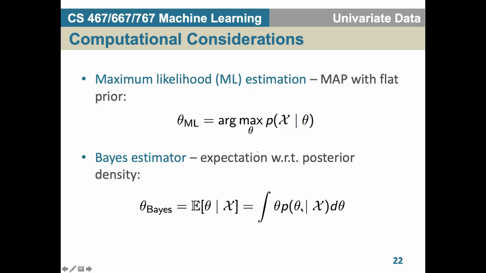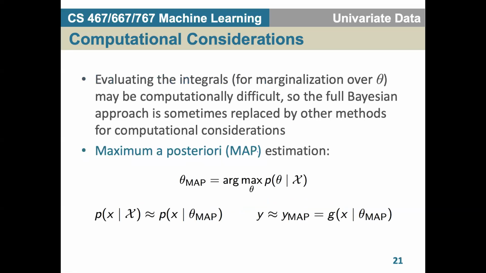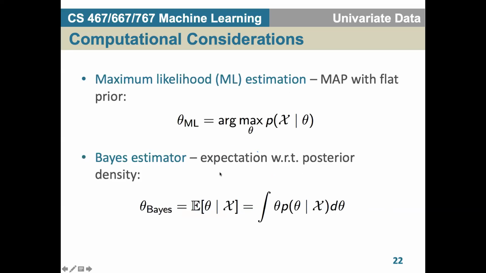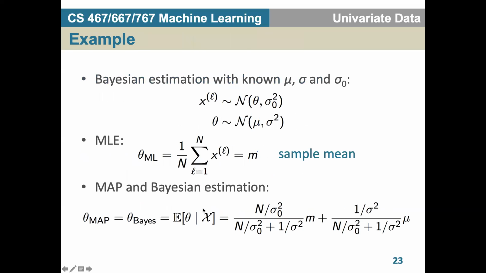So why is MAP the same as the Bayesian estimation? Why is it the same as taking the expectation? The answer is actually quite simple. This is because we are considering a Gaussian distribution.